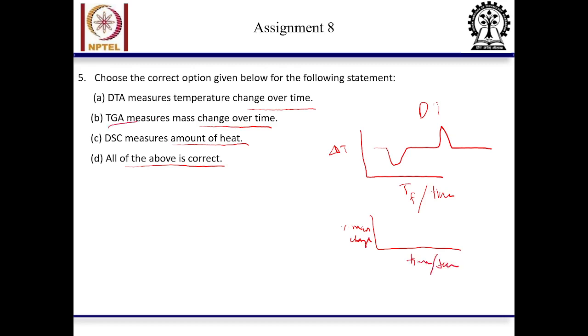This is your TGA. DSC basically we measure the amount of heat, delta W, whatever you say, or delta Q versus time. So all the three are correct. So hence your answer is right. So you are correct. Okay.